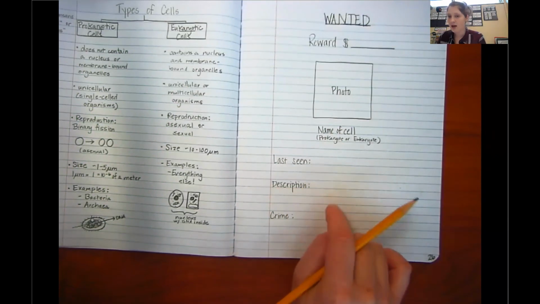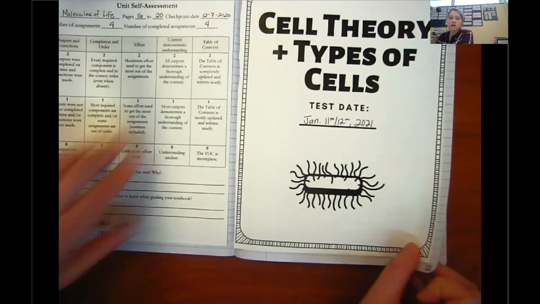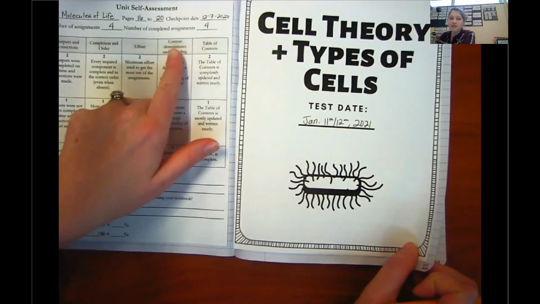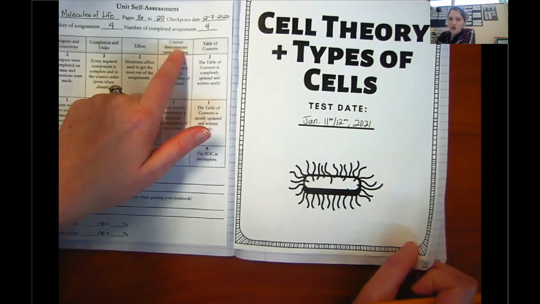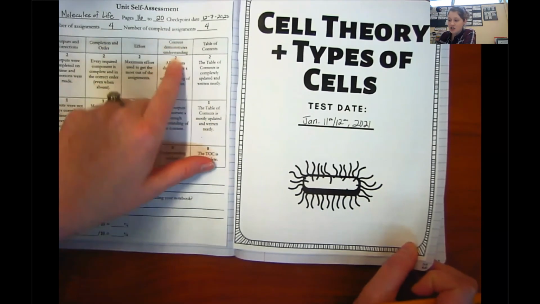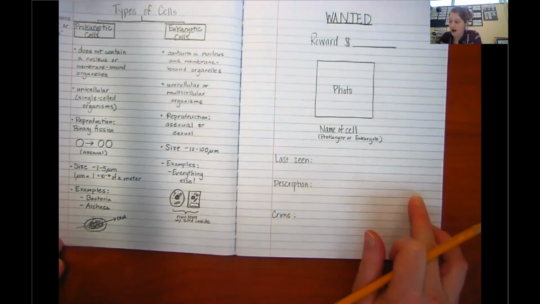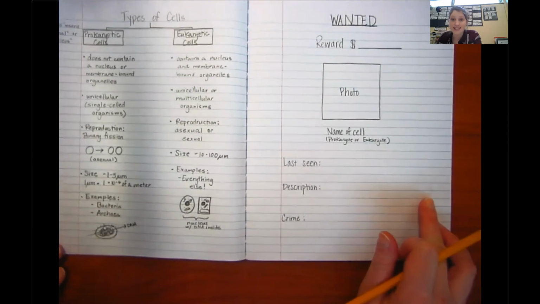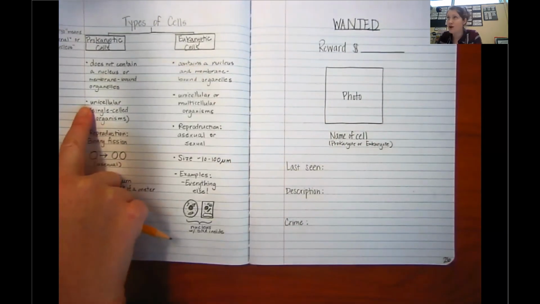This is the part where, you know how when you do your self-assessment you've got content demonstrates understanding? This is where you actually show me that you get it. So you're going to describe or summarize that type of cell in sentence form. It can be eukaryote or prokaryote.